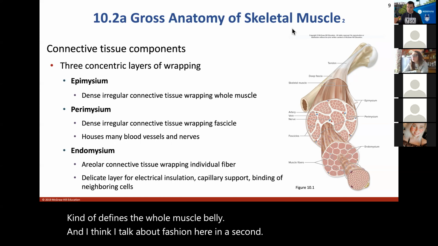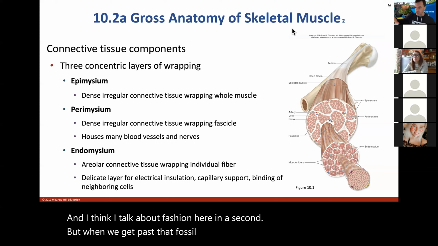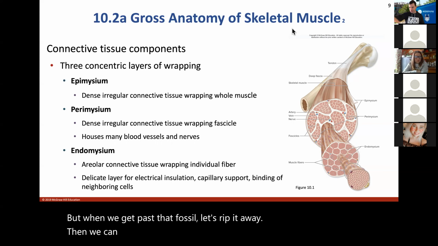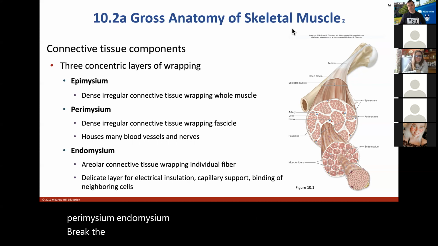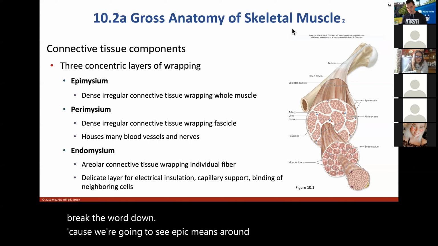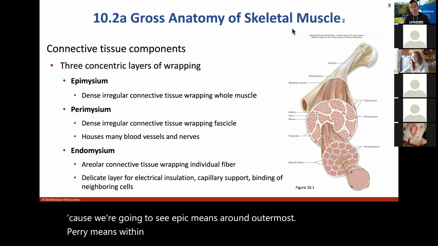But when we get past that fascia, let's rip it away. Then we can see various different layers of connective tissue there. Epimysium, perimysium, endomysium. Break the word down. Because we're going to see epi means around, outermost. Peri means within. And endo means innermost.